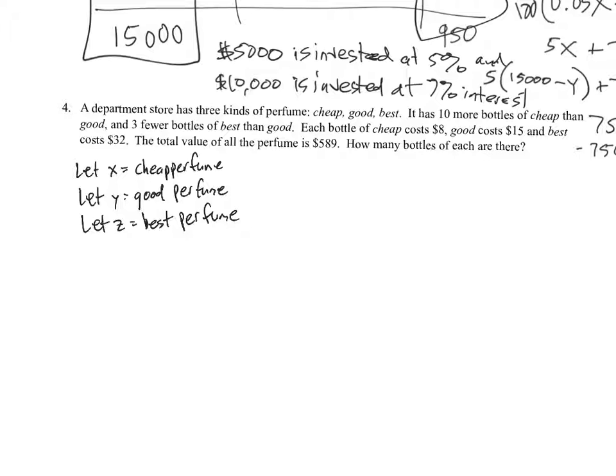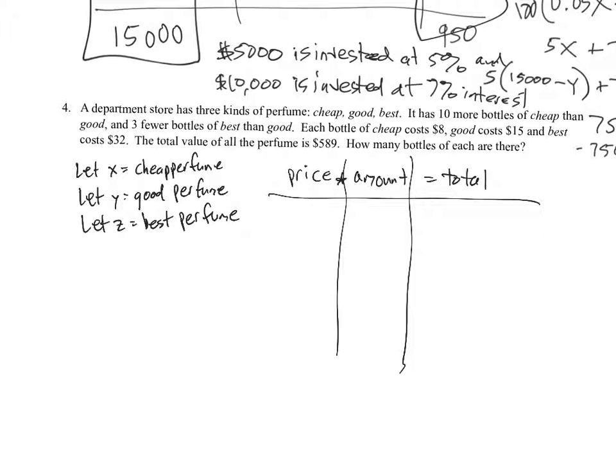And then in order to figure this out, we just need to set it up. So basically this is sort of like price, right? Price times the amount equals the total price. So that's how you set this up. The prices are listed here.